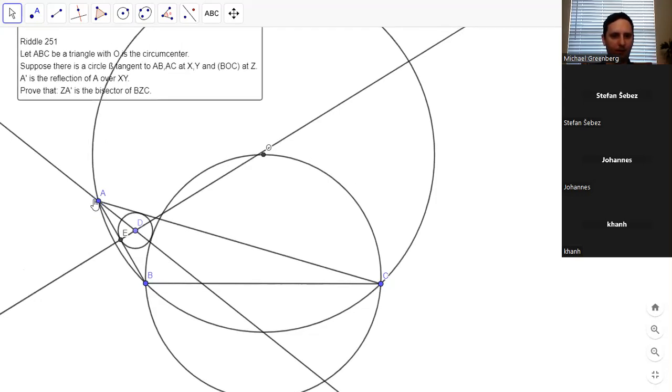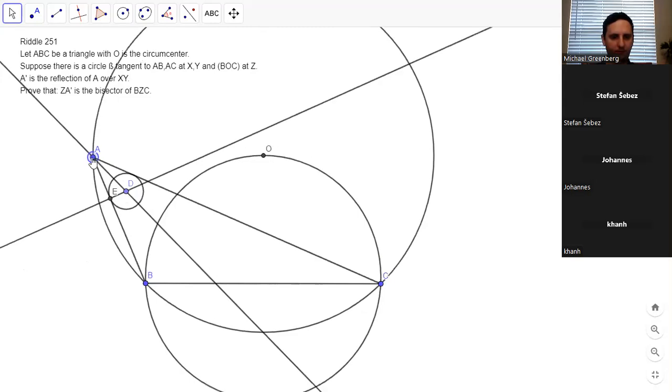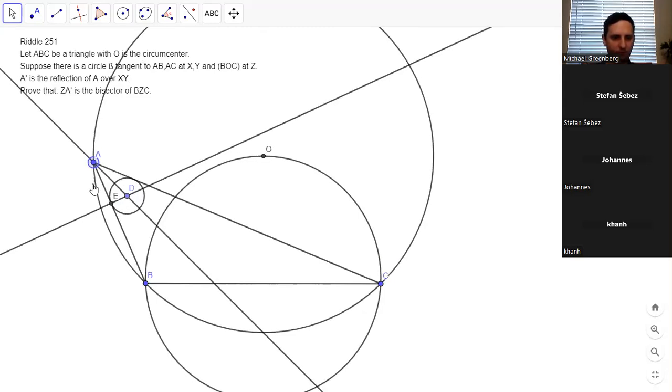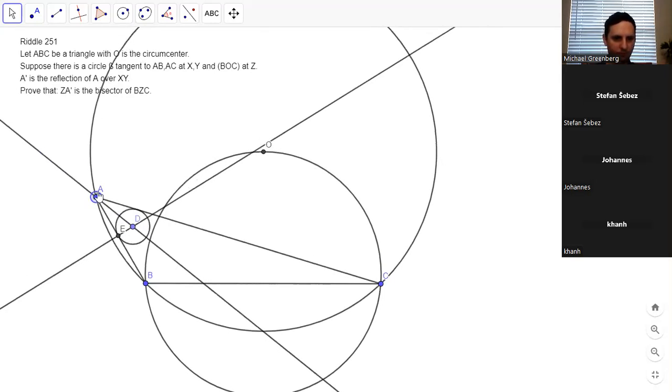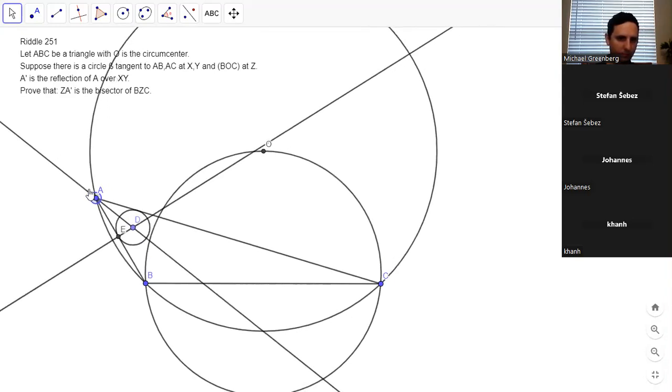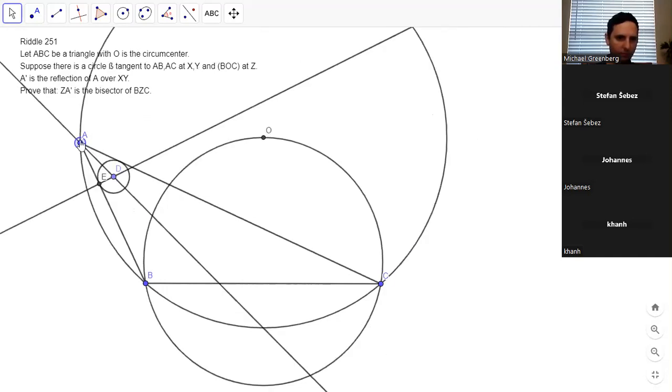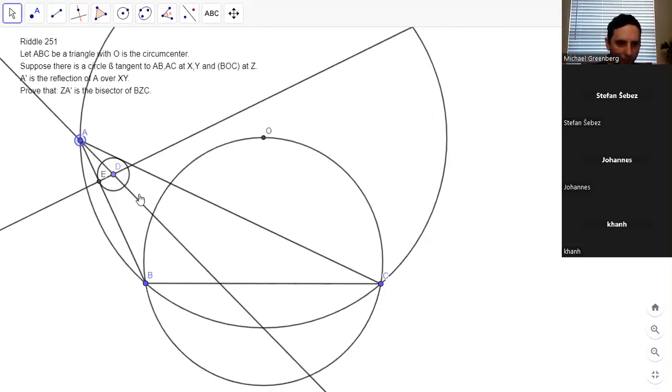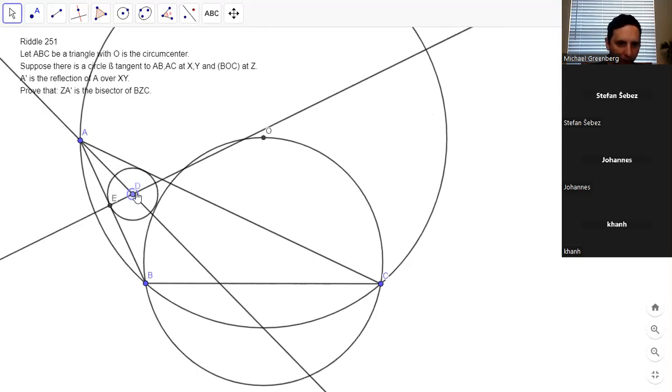Maybe there's a better way to do this. Actually, that looks not so bad.